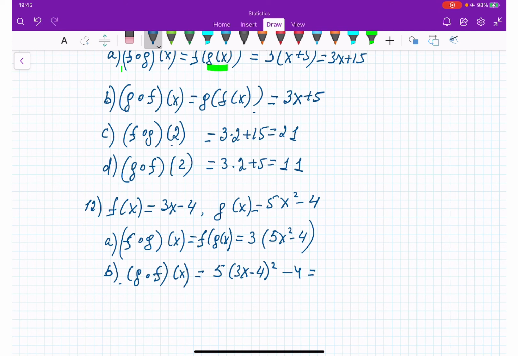3x minus 4 squared, I'm going to apply the formula a minus b squared, which is equal to a squared minus 2ab plus b squared.